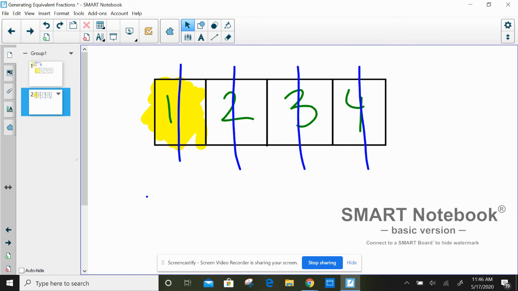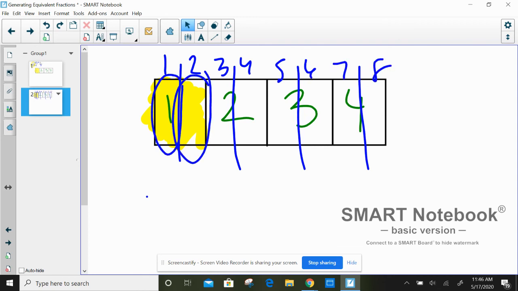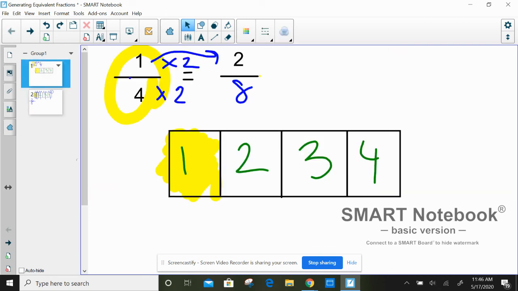We broke each one of these boxes into 2 pieces. See? 1, 2, 3, 4, 5, 6, 7, 8. And now we have 2 boxes shaded out of our total of 8 boxes. That's how 1/4 is equivalent to 2/8.